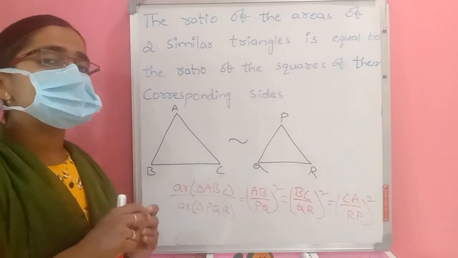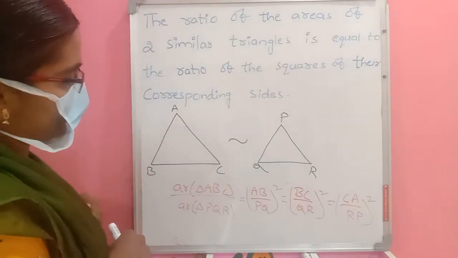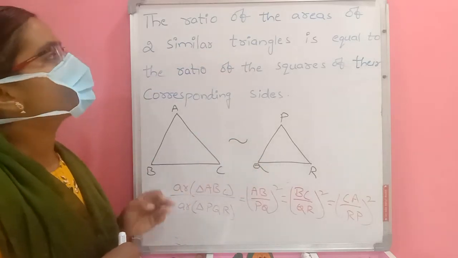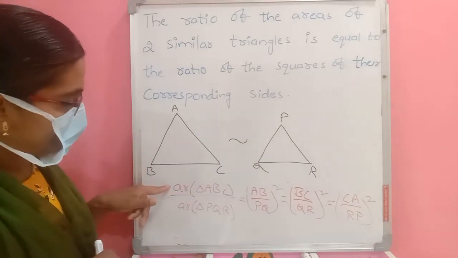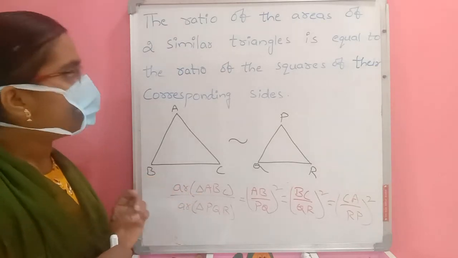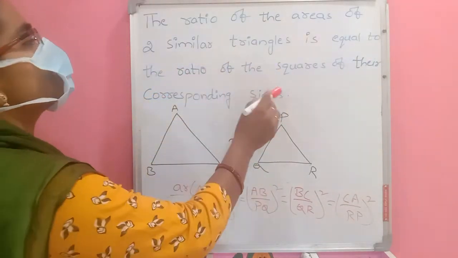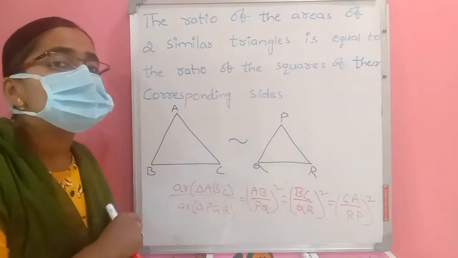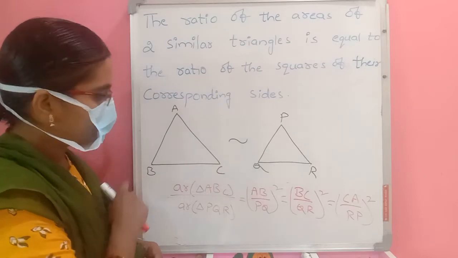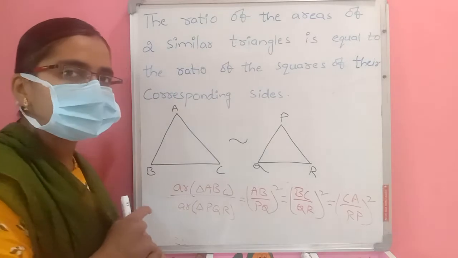Next we have the relation between areas of similar triangles and their sides. Triangle ABC and triangle PQR are similar triangles. The ratio of their areas, area of triangle ABC by area of triangle PQR, is equal to the ratio of the squares of their corresponding sides. AB corresponds to PQ, BC corresponds to QR, AC corresponds to PR.